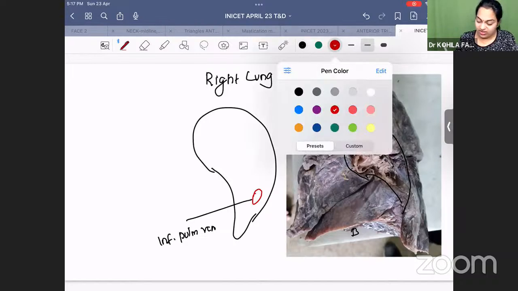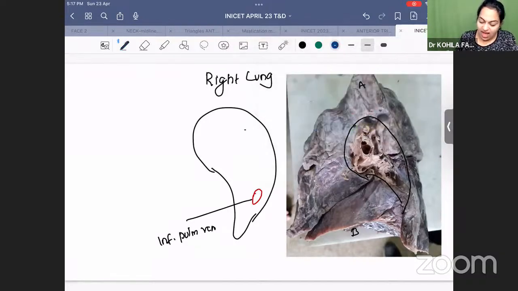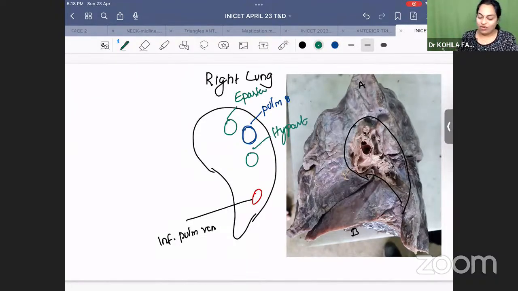And then you have the pulmonary artery here. But on the right side, the bronchus will divide into two. One goes above the artery, one below the artery. So we call it the eparterial bronchus, and the one below, the hyparterial bronchus.